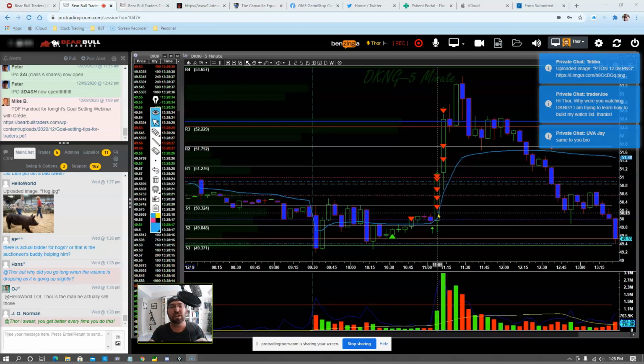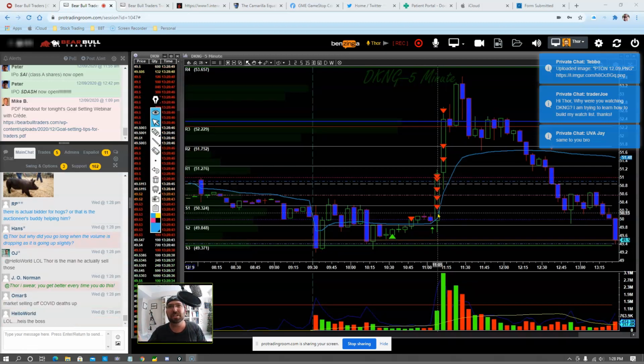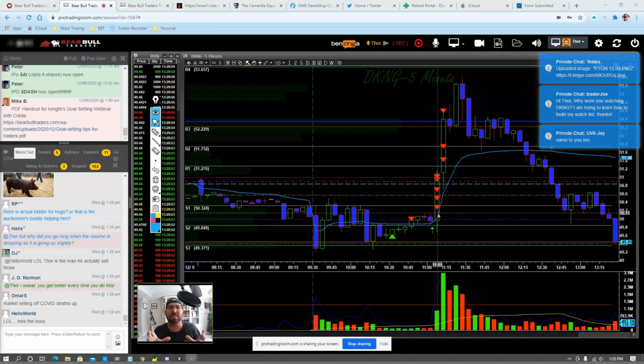Because just like a market maker, the auctioneer can control both sides of the spread. He's controlling how much money he's willing to sell the hogs for. He's manipulating, and that's the one time I'm going to use this word because I normally say massaged, but he is actually able to manipulate the price, and that's why you want the best auctioneer, right? Because the best auctioneer is going to be able to do that the best way possible.